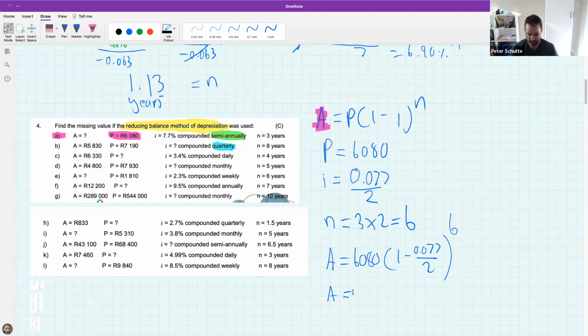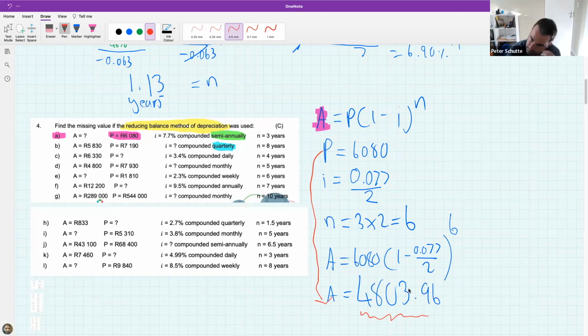Okay, well, what I'm getting is, and let's see what the people in the room are saying. Oh, we're agreeing. It's 4,803.96. So it's gone all the way from 6,080 and it's depreciated down to that amount. And the big difference was that the interest rate had to be broken into a semi-annual interest rate.